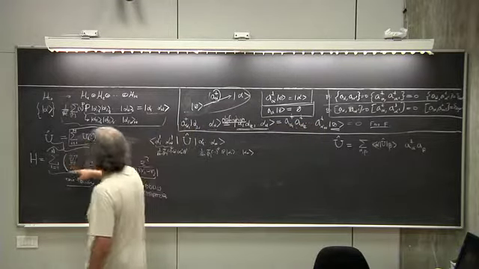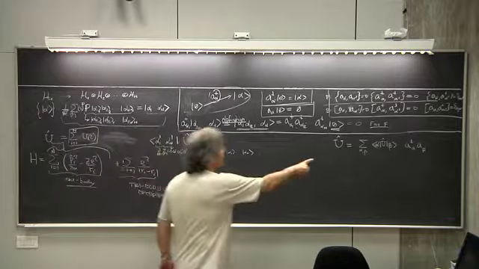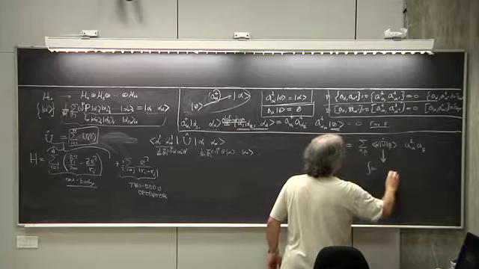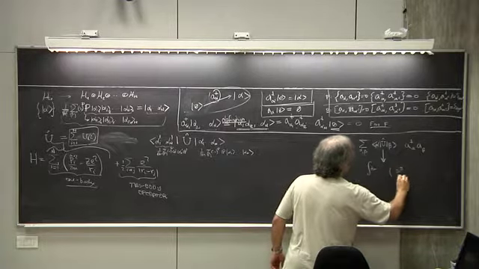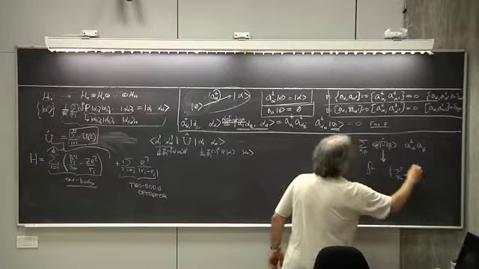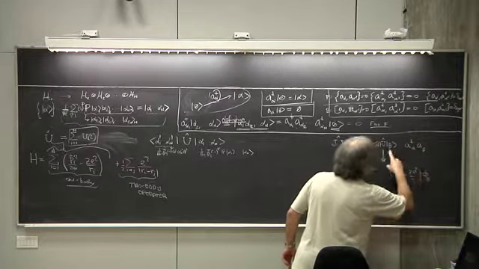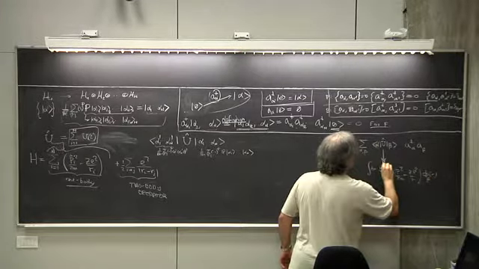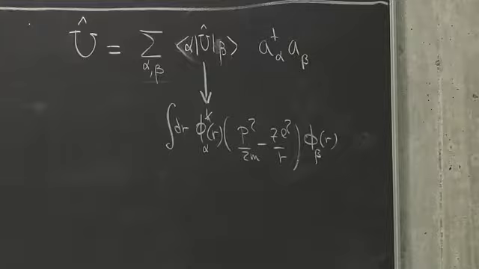So for instance, if it was this, then this object here would be the integral over R of P squared over 2M minus Z E squared over R times the wave function of label beta, R, the wave function of label alpha, star. Okay? Is this clear?